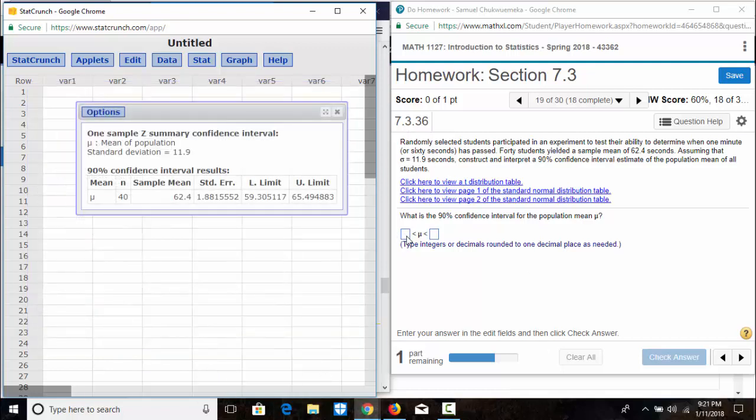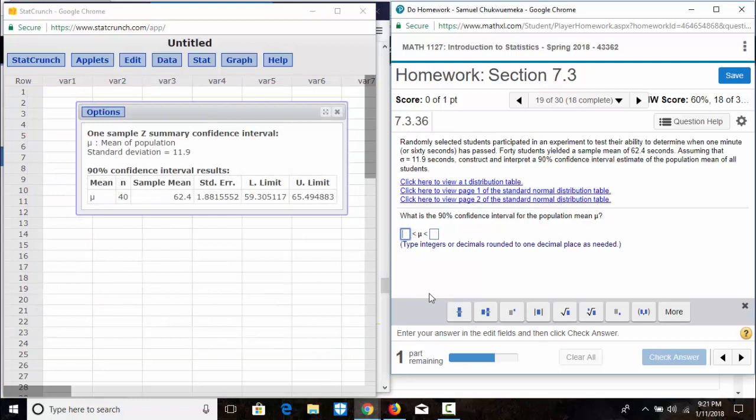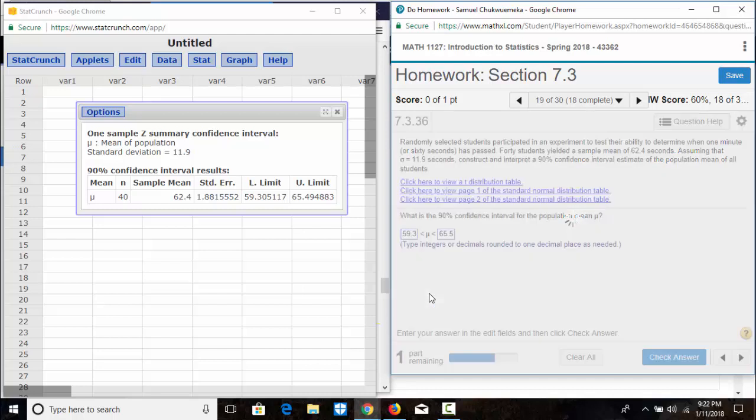Compute. So the lower limit, type integers or decimals rounded to one decimal place as needed, is 59.3 and the upper confidence limit is 65.5. Okay.